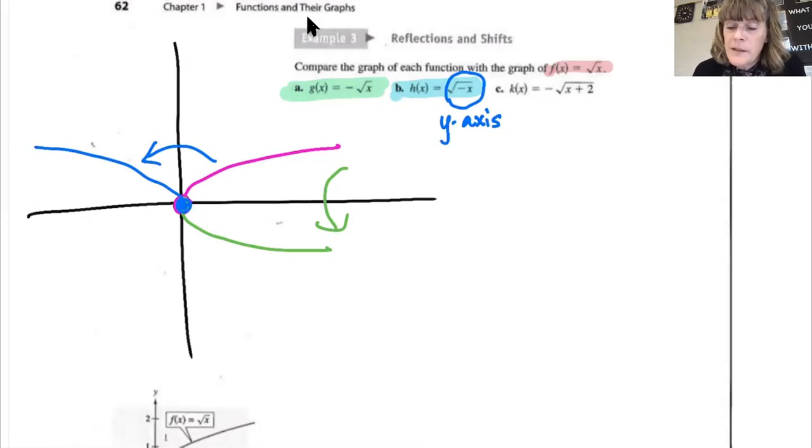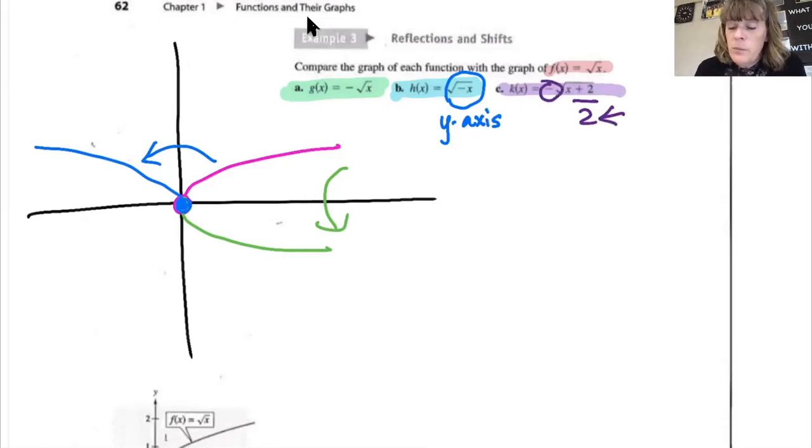All right, and then the last one is going to be a horizontal shift. So we're going to go 2 units to the left. And then it's got the negative on the outside.